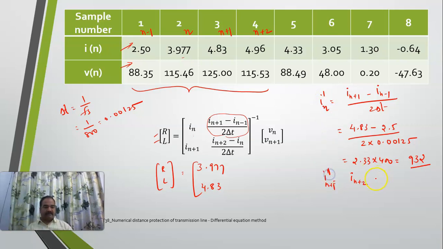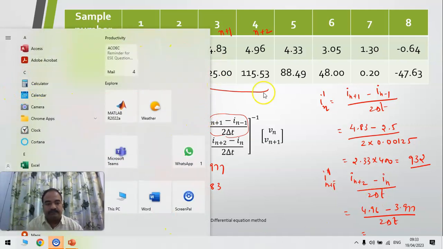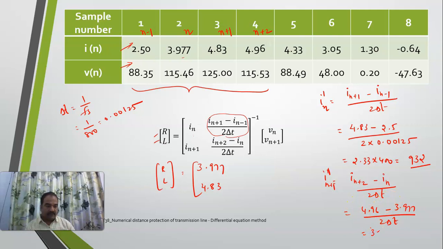IN plus 2 minus IN by 2 delta t, so it is 4.96 minus 3.977 by 2 delta t. If I use the calculator here, it is 393.2.